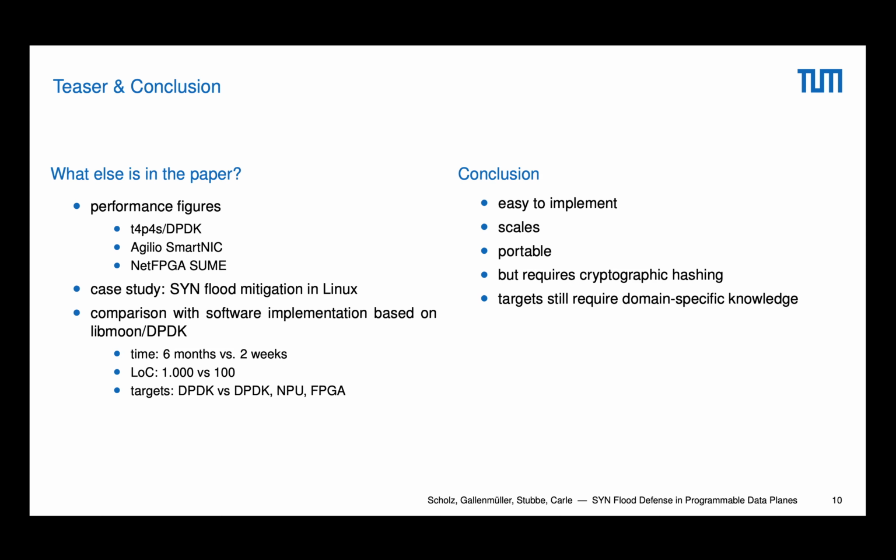And also it's portable, meaning you're not just bound to one target, but of course this is limited, because it requires a cryptographic hash function to actually have the mitigation methods work securely, so that they can't be circumvented. And also a small conclusion about the usability of P4.